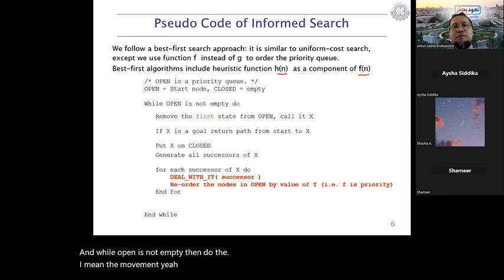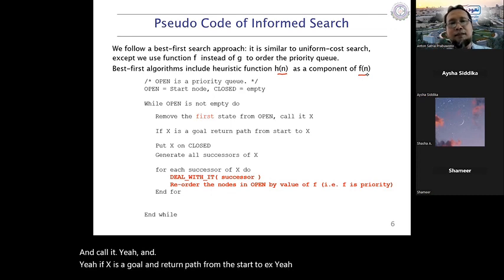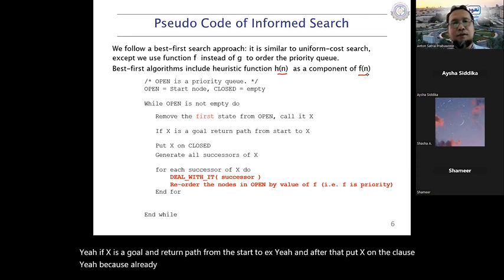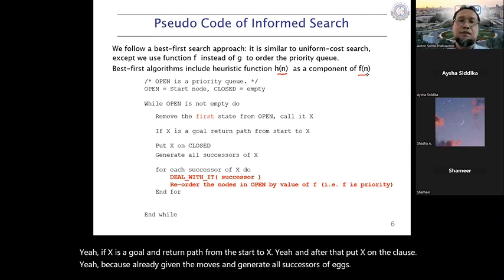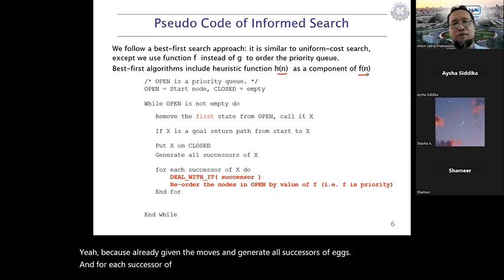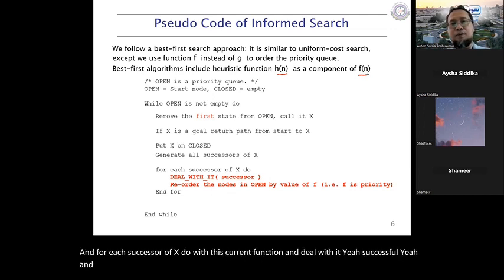Remove the first state from open and call it X. If X is a goal, return the path from the start to X. Otherwise put X on closed, since we have already expanded it, and generate all successors of X. For each successor of X, apply the function and deal with it, then reorder the nodes in open by value of F for priority.